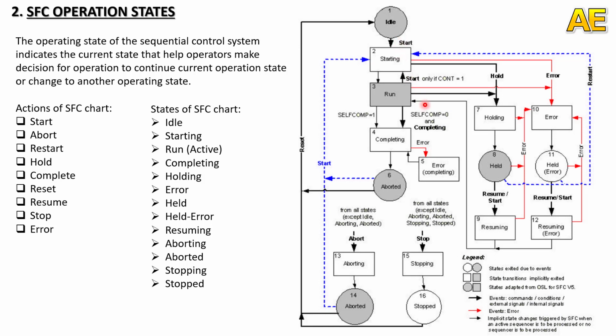In case there is an error in any step, for example in the starting, run, or completing step, the flow will follow the red line here. You can see the red line comes to the error state here.